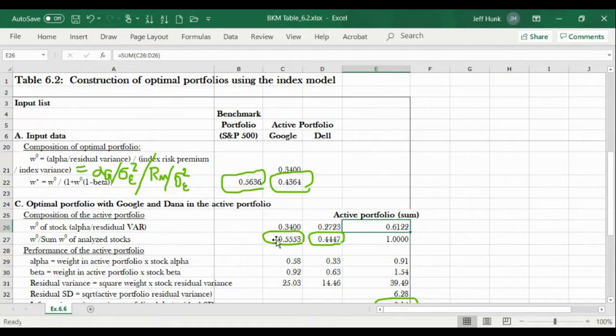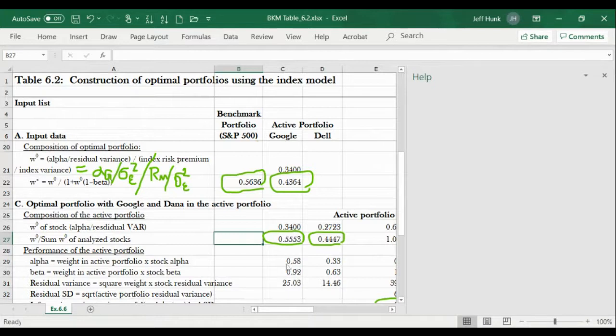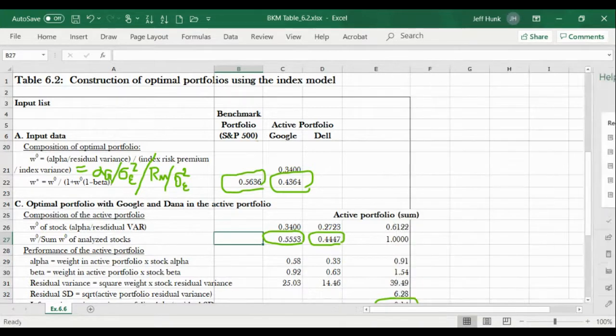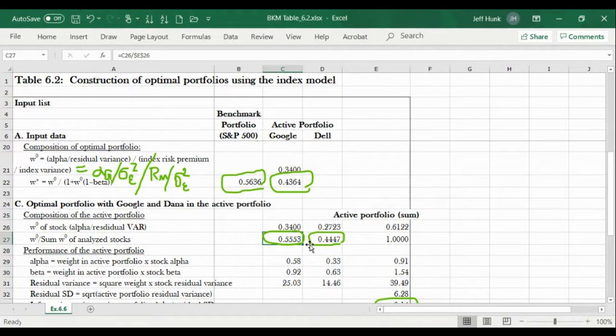And then again, out of the entire active portfolio, if you divide that by the active portfolio, then the weight will be like that.